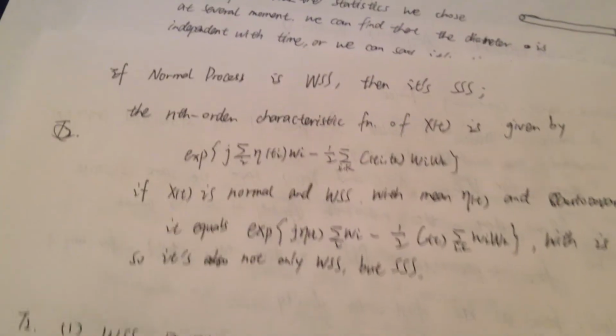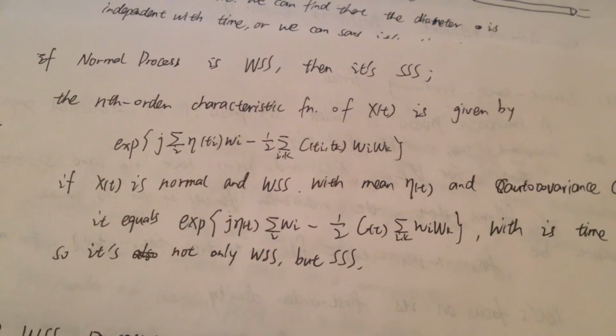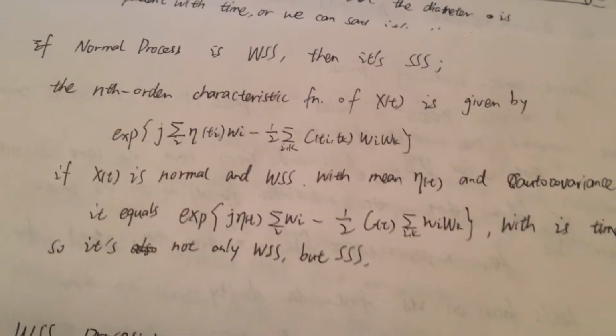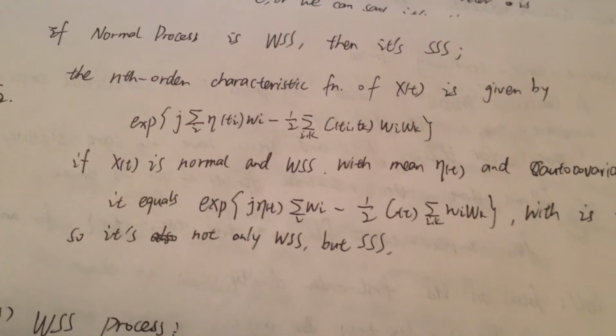For normal processes, the nth-order characteristic function of X(t) is given by this formula.